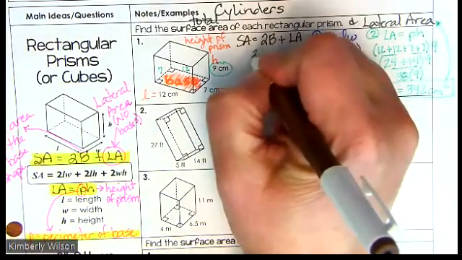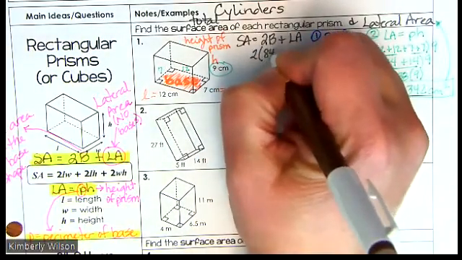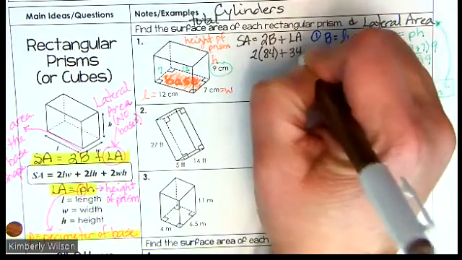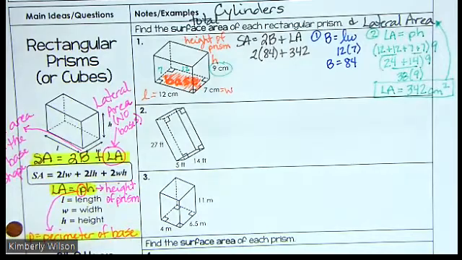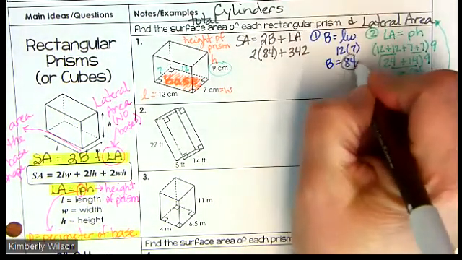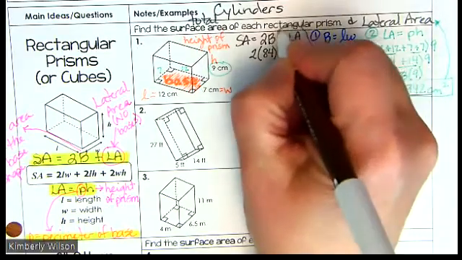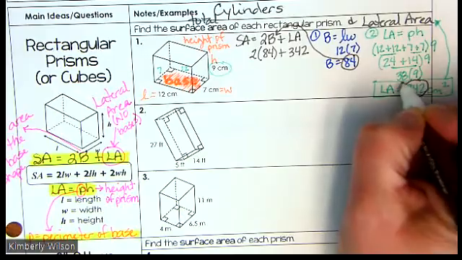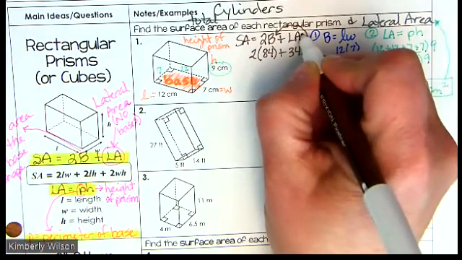So I've got 2 times 84 plus 342. Notice I am plugging in my information. I'm taking this number and I'm plugging it in here. I'm taking this number and I am plugging it in here.